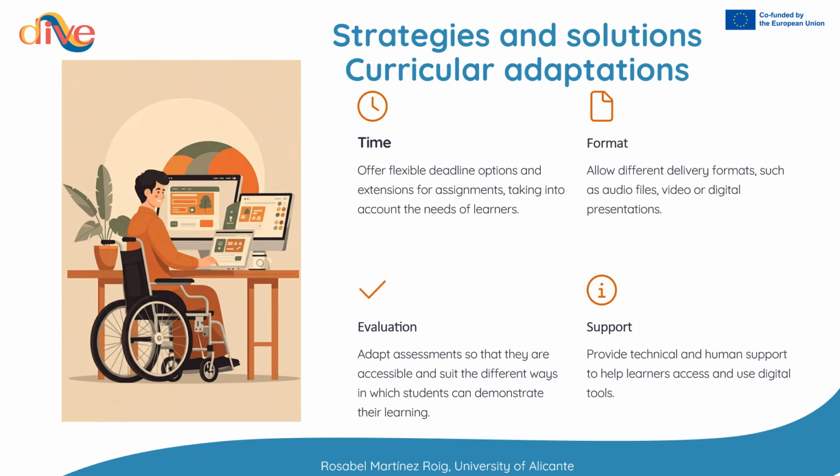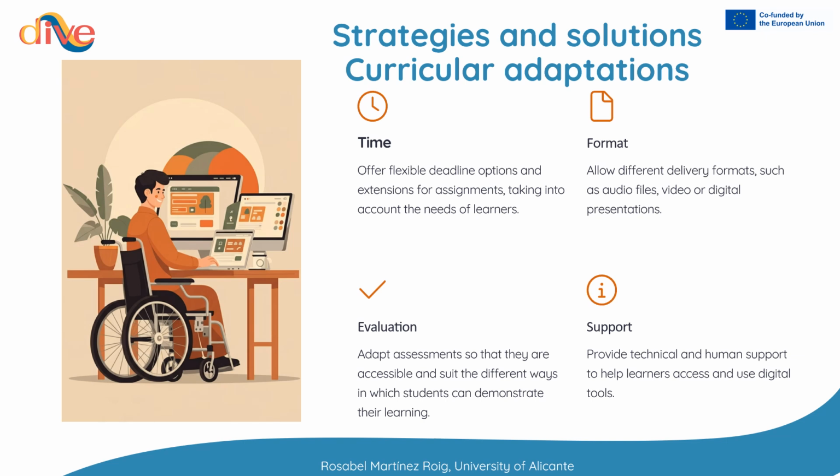Then the next strategy and solution we are proposing is the curricular adaptation. This is a main aspect of a proper inclusive education in higher institutions, because this is one of the most exponents of really inclusive curricular access, of really inclusive curricular lessons. So in which aspects can we adapt our lessons for our students with functional diversity?